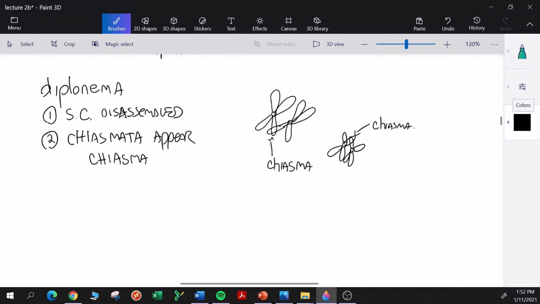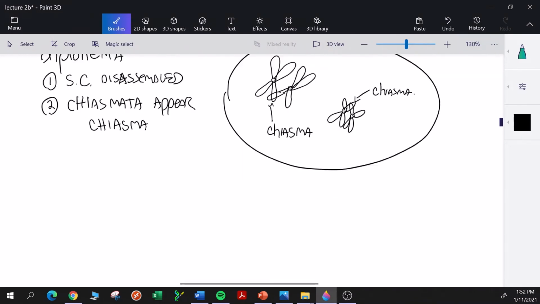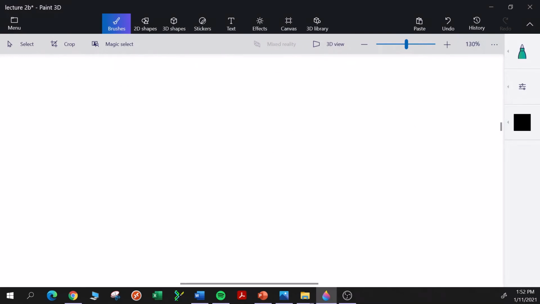And why did the chiasma appear now? Because that synaptonemal complex has disassembled, and now the chromosomes can move apart a little bit. So it makes it possible to see the chiasmata. Nuclear membrane is still intact in diplonema.